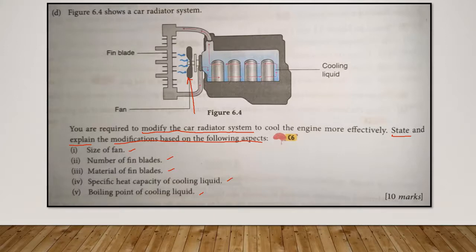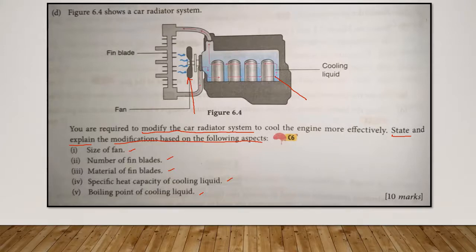Okay, muatan haba tentu dia untuk cecair ini, liquid ini. Okay, last sekali ialah boiling point ataupun takat didih dia tu. Takat didih cecair yang kamu akan gunakan nanti masa kamu membuat modifikasi.